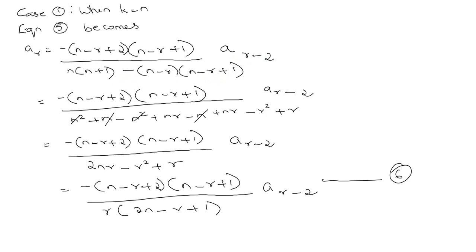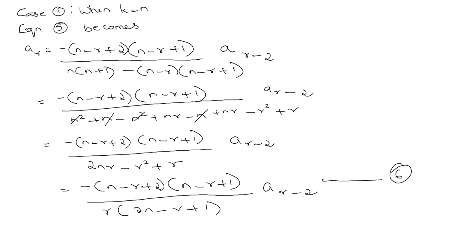Now we are multiplying this n into (n plus 1) becoming n square plus n, and minus (n minus r) into (n minus r plus 1) can be written in this form. Some terms get cancelled and what is remaining is minus (n minus r plus 2) into (n minus r plus 1), the whole thing divided by (2nr minus r square plus r) into a(r minus 2).